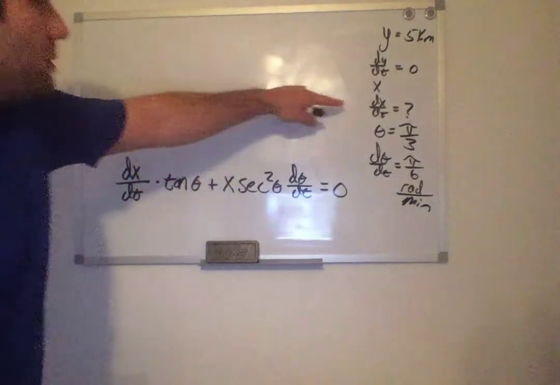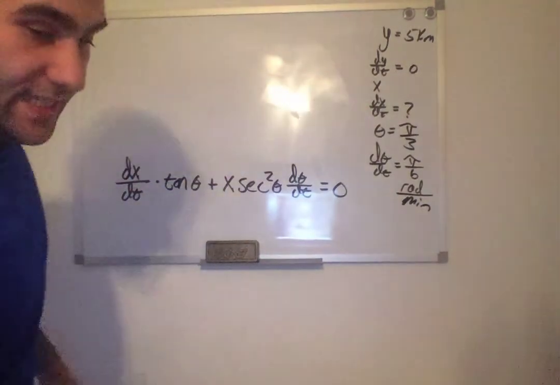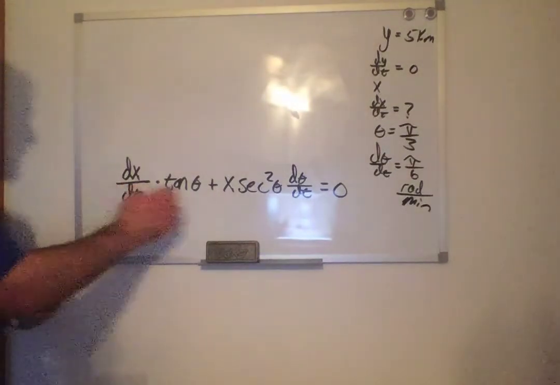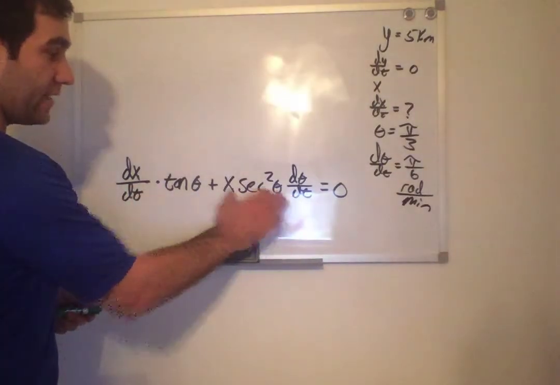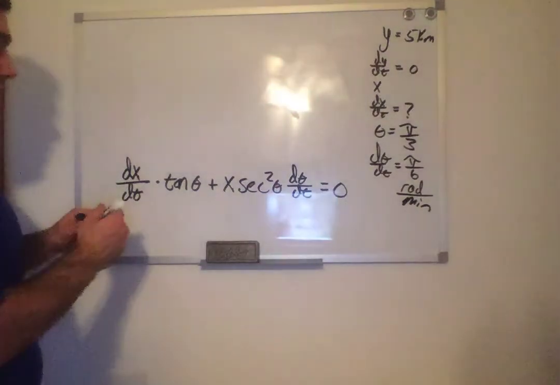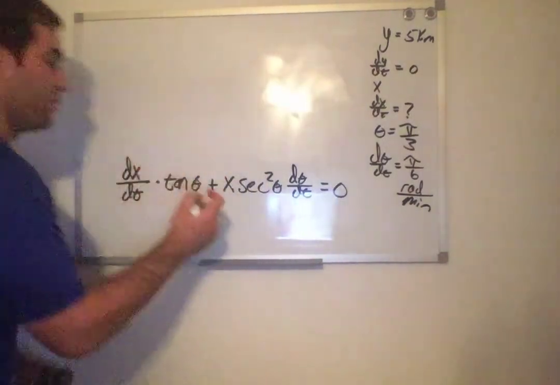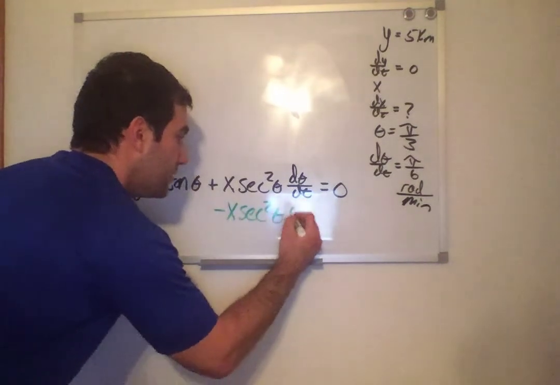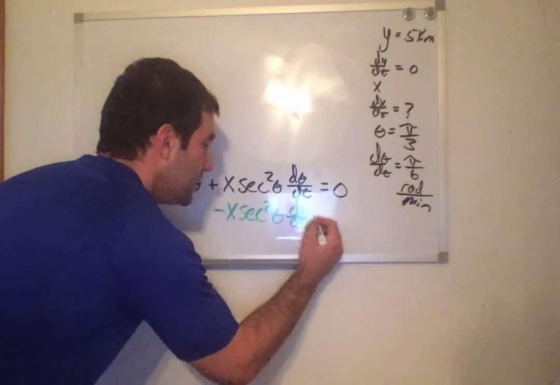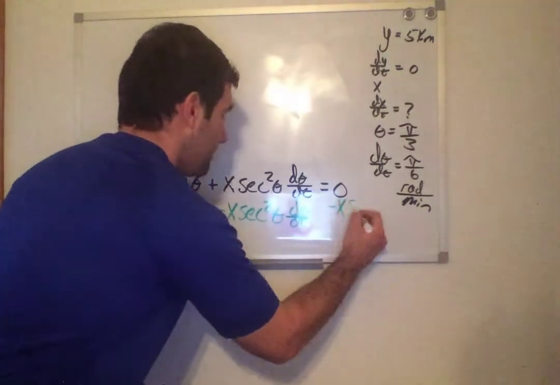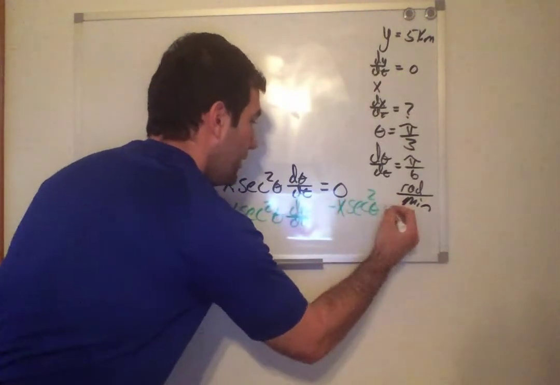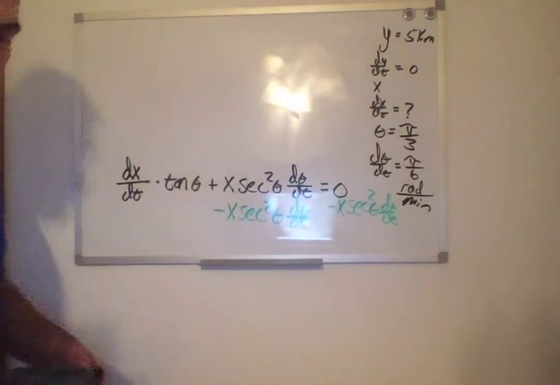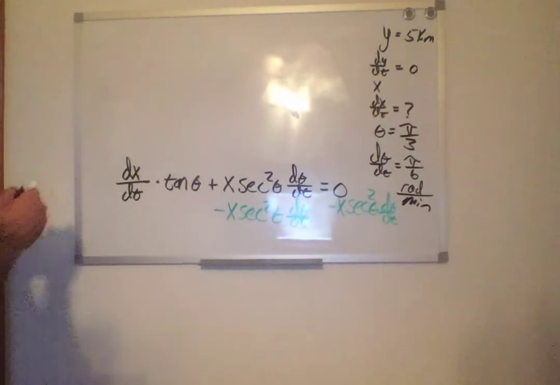Now, our ultimate goal is to solve for dx/dt. So the first thing is I have to subtract that piece over. So I'll do that right here, and then I'll write the resulting one up there. So minus x secant squared of theta d theta/dt.